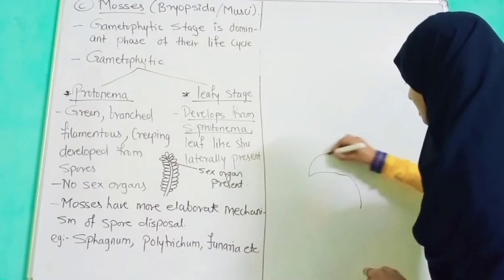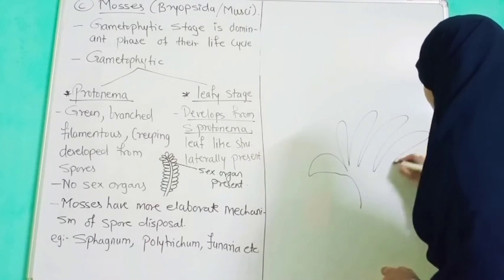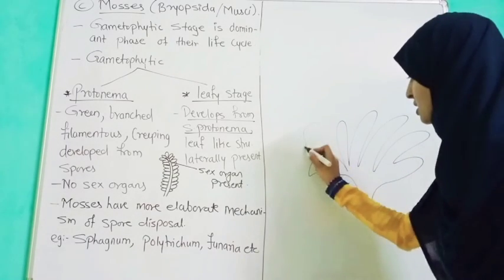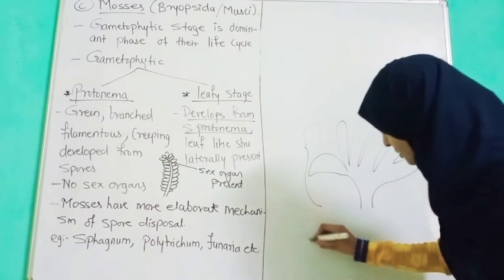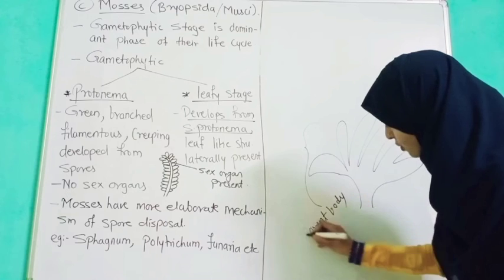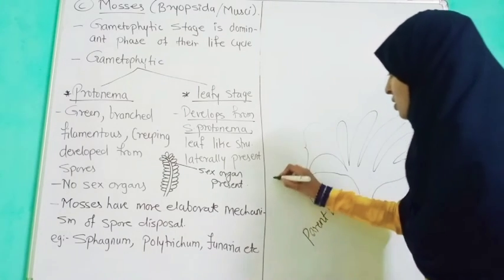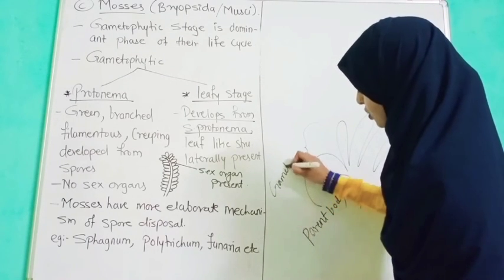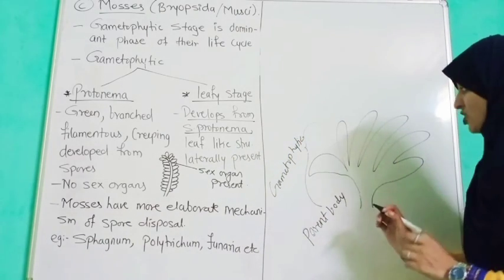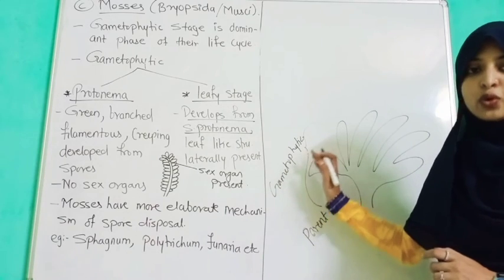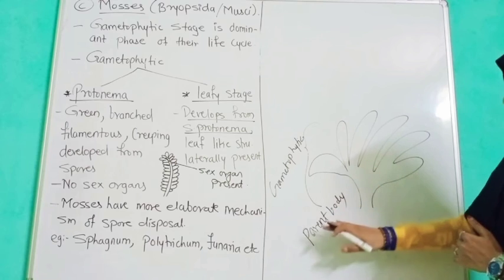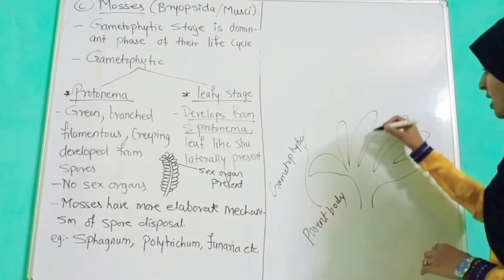So here you can see this is a gametophytic body, meaning the parent body, or gametophytic stage. They have told that the sporophytic stage on the gametophytic stage or parent body is known as a partial parasite.